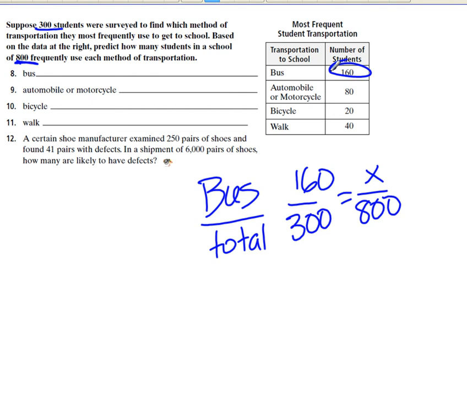You could cross multiply with these numbers, but they're kind of big. So we could simplify this. We can cross out the zeros. Can we simplify 16 over 30? That would be 8. And that should make it a little bit easier for you.